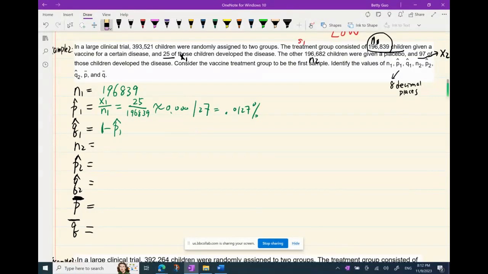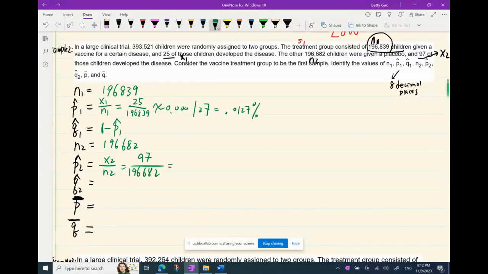It's going to be 99.9873%. N sub 2 here, from the question it is given, N sub 2 is 196,682. P2 hat would be x sub 2 over n sub 2. X sub 2, 97, divided by 196,682. Let's use a calculator to see what the proportion is.